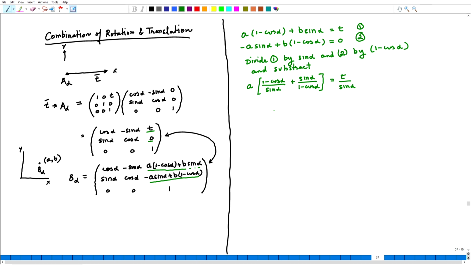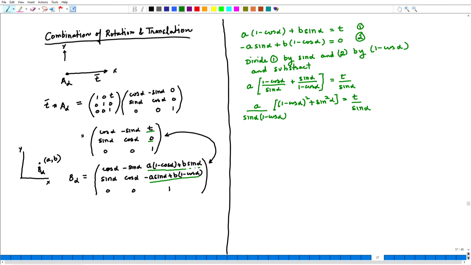Now, we can do further with this equation. Let us rearrange things. I can write A upon sin alpha times 1 minus cos alpha, and out here I will have 1 minus cos alpha squared plus sin squared alpha, equals T divided by sin alpha.